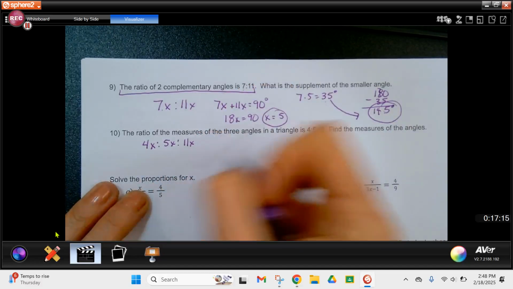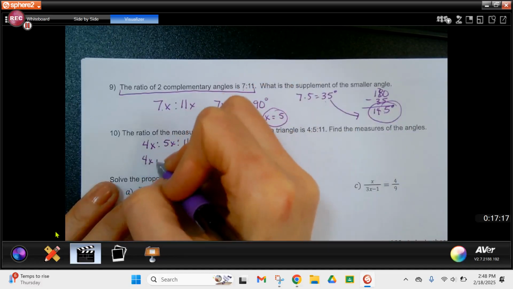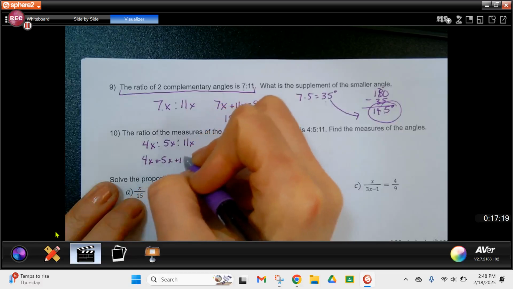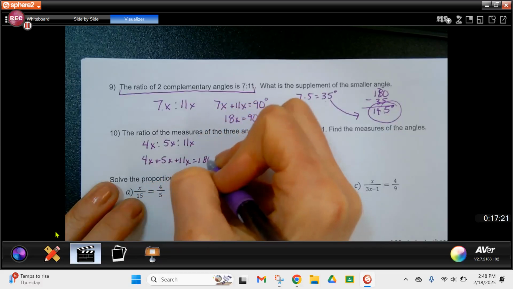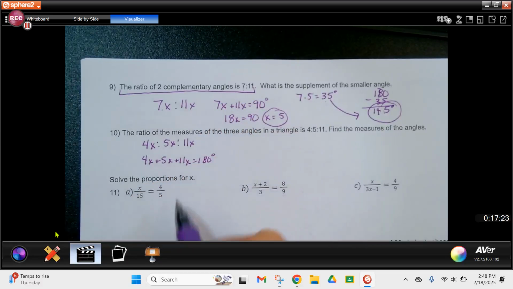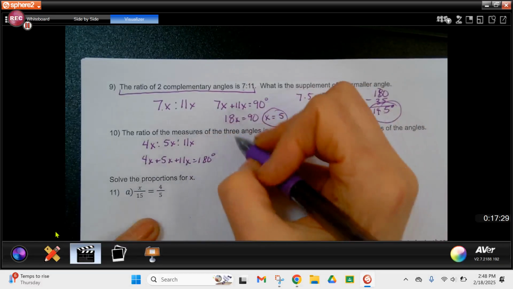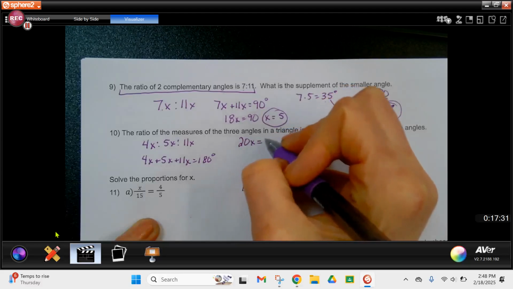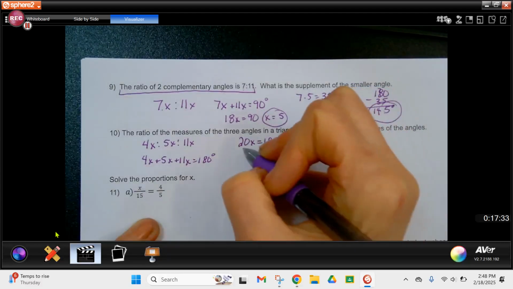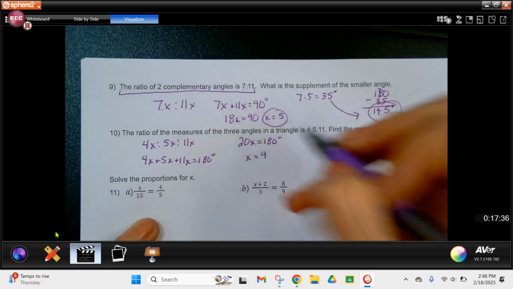And now we can write this as an equation. 4x plus 5x plus 11x equals 180 degrees, because all the angles of a triangle add up to 180. So these are three angles adding up to 180. That's 20x equals 180. Divide by 20, and x equals 9.